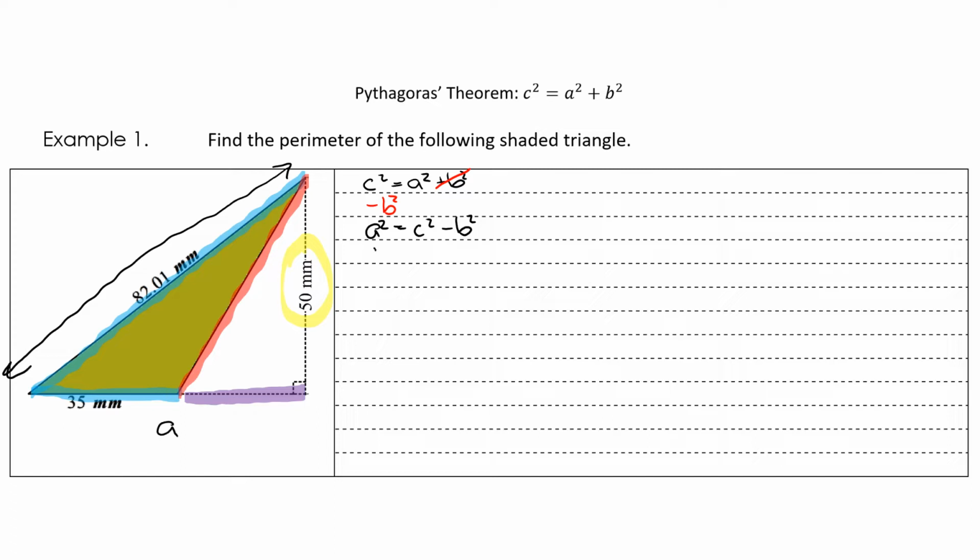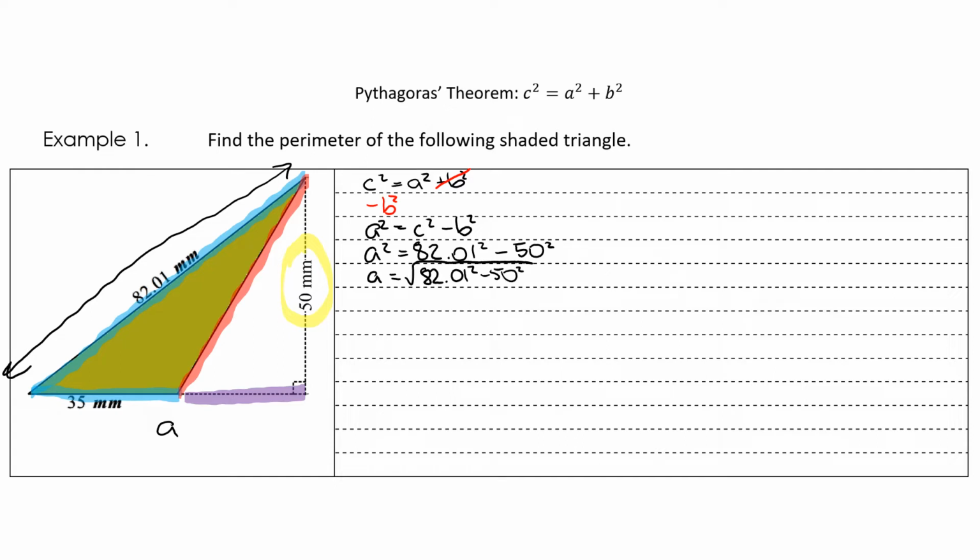We don't know it. So that means c has to be 82.01 squared minus b squared, which is 50 squared. So a squared, well, actually, let's just go straight to a. A is the square root of all of that: 82.01 squared minus 50 squared.